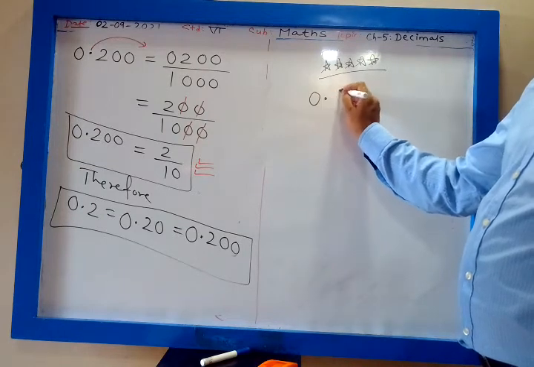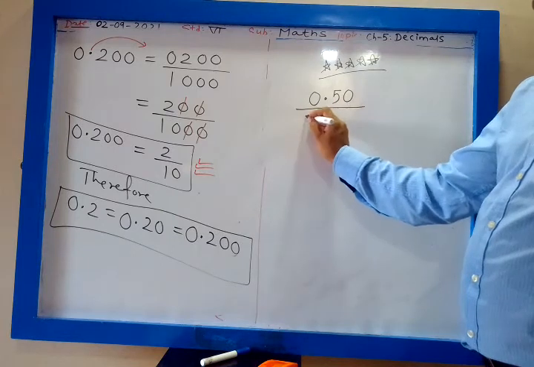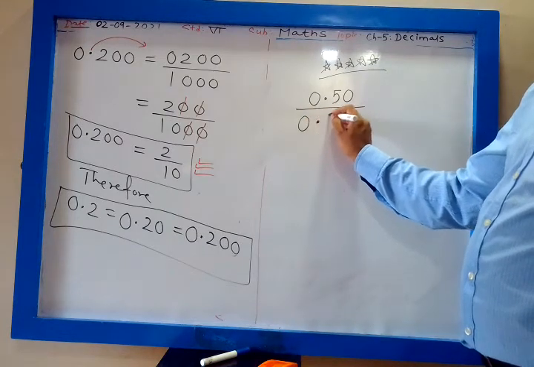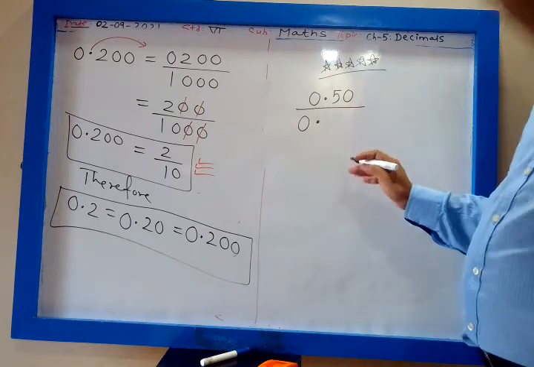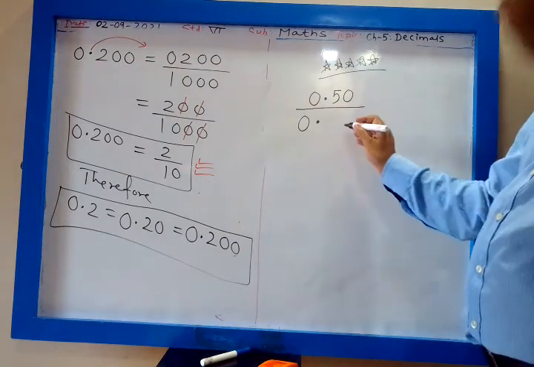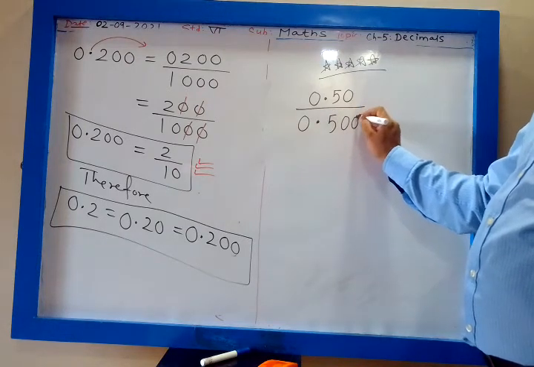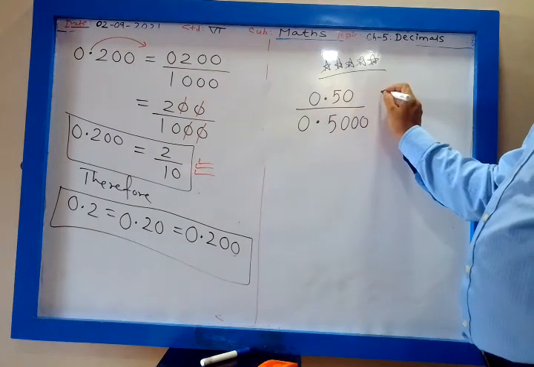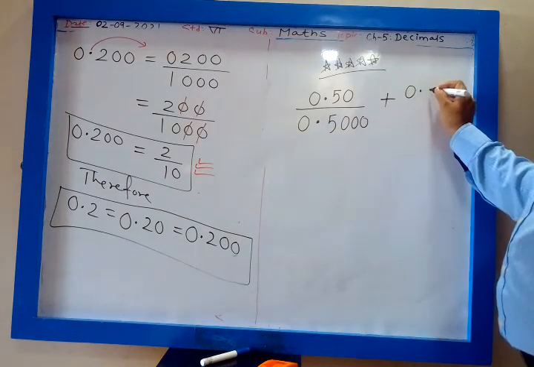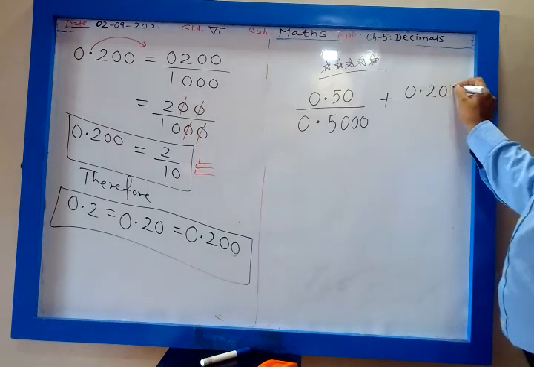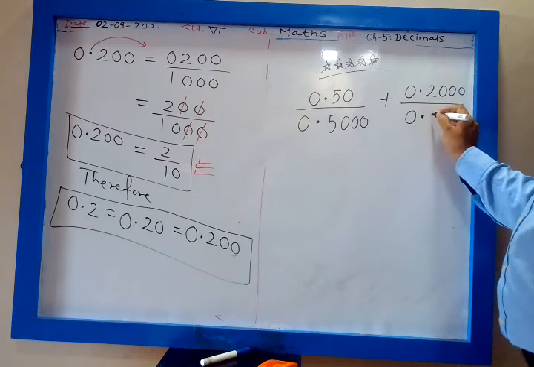0.50 divided by 0.500, plus 0.2000 upon 0.20.